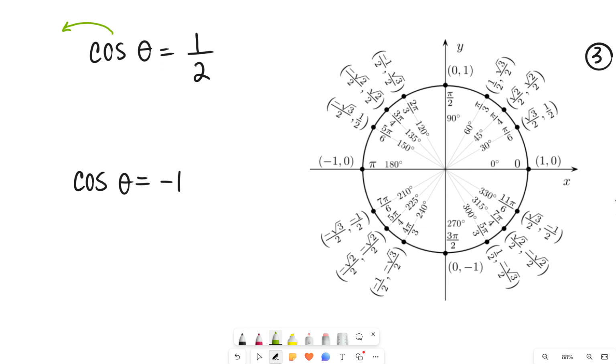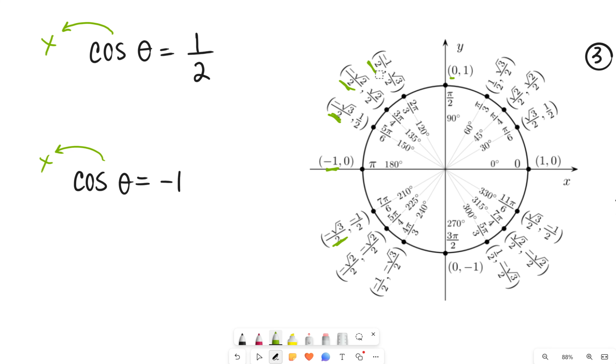So cosine, what does cosine mean? When we think of cosine, you are thinking of the x values on your unit circle. So we're just looking at the x values. These are your x values, x comma y, the first coordinate value. The first equation is cosine theta equals 1/2.